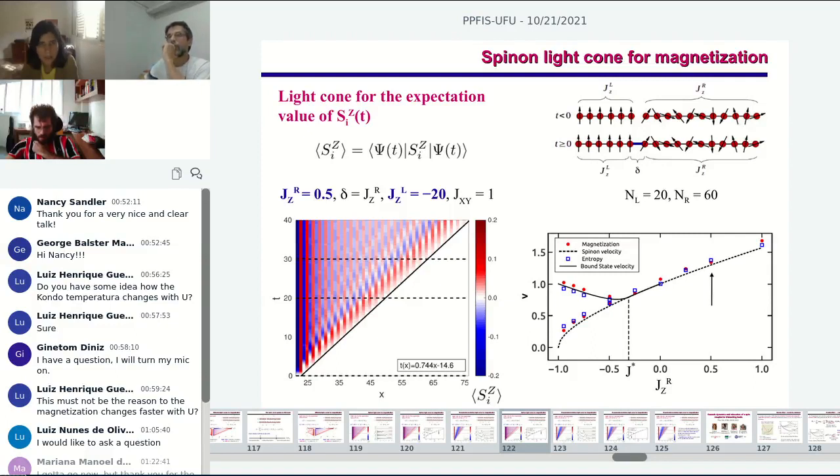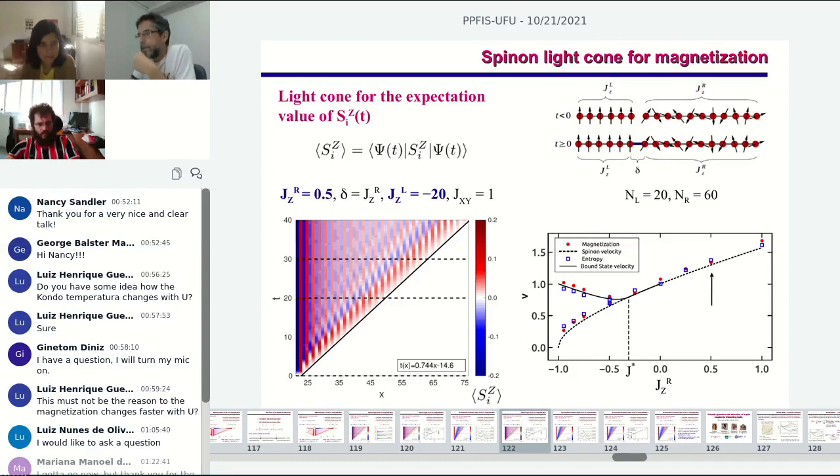So the maximum velocity is seen away from k equal to 0, and we have to find this. The expression for the dispersion is a big one, not a simple one. So I don't know if there's a simple physical explanation. Okay, thank you.